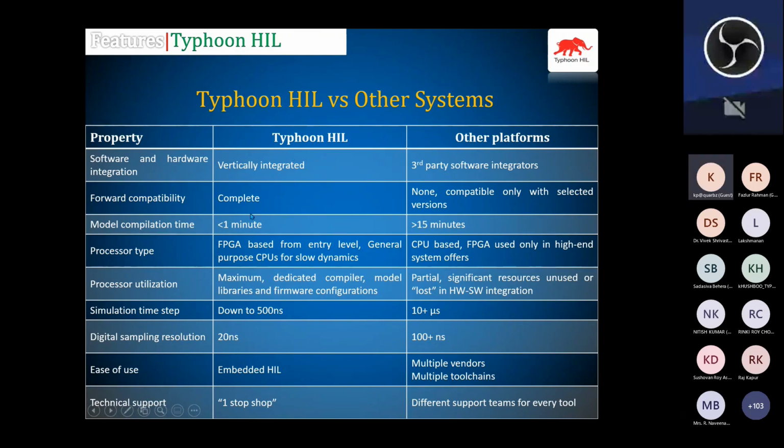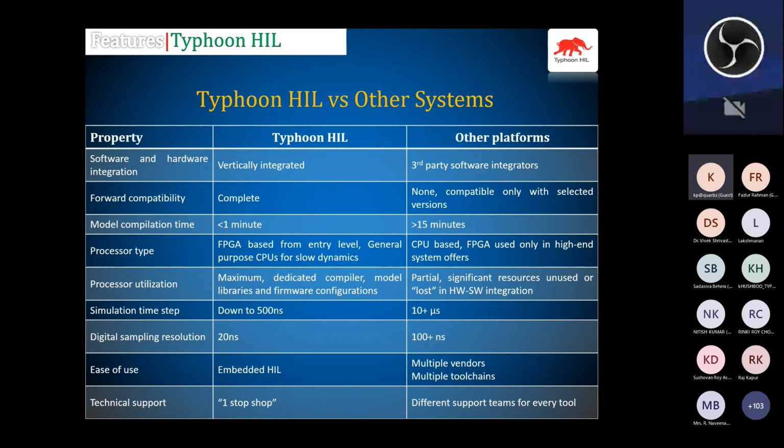As for forward compatibility, those with older 32-bit versions can use the older versions of Typhoon HIL, but currently we are using 64-bit. The current version is 2022.2, and very soon, in July or by the end of June, we are going to get another update.